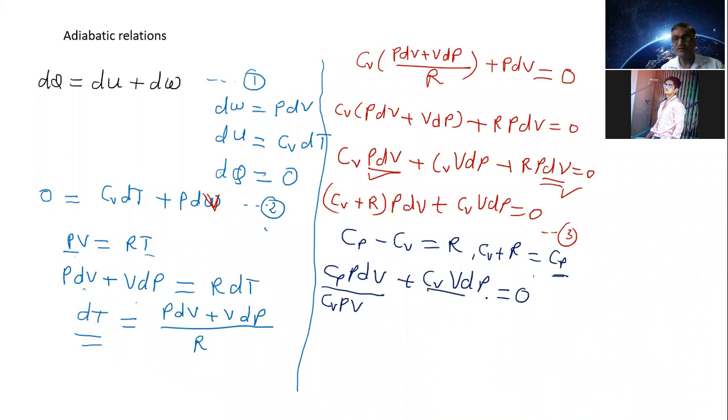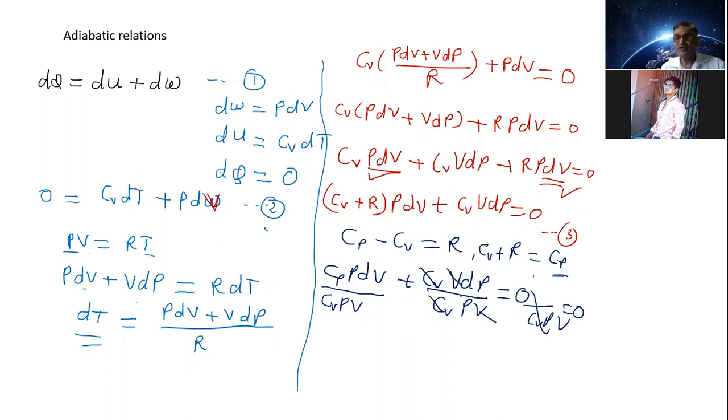Here we divide by Cv into PV. It is equal to 0. Now see here, in this case, Cv gets cancelled here.